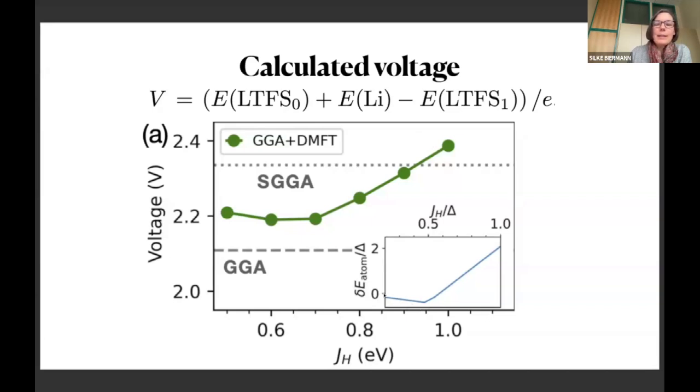If we calculate just the energetics in the atomic limit and extract the voltage, we get a very similar shape, a kind of V shape with a flattish slope here and a more steep increase here. That is essentially given by the energetic balance between the crystal field splitting and the Hund's coupling, which determines this.